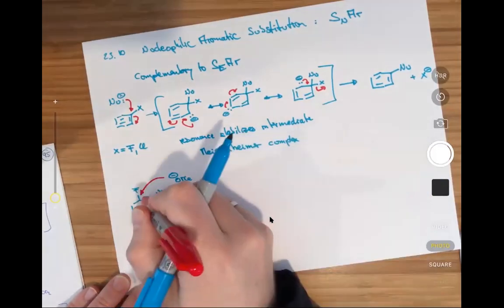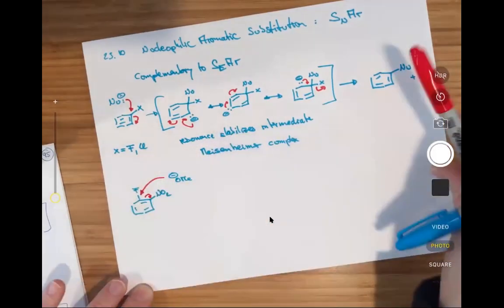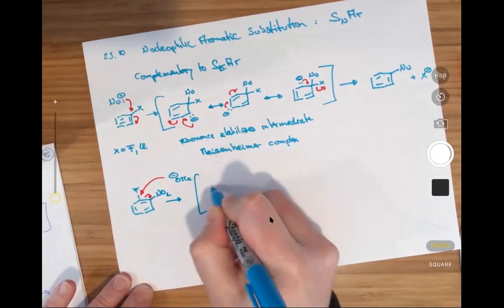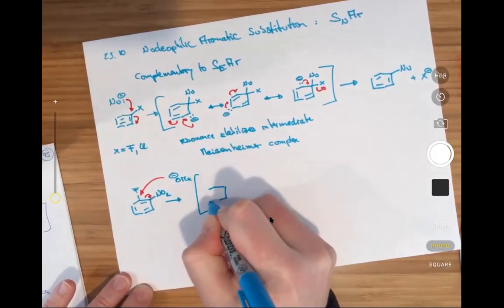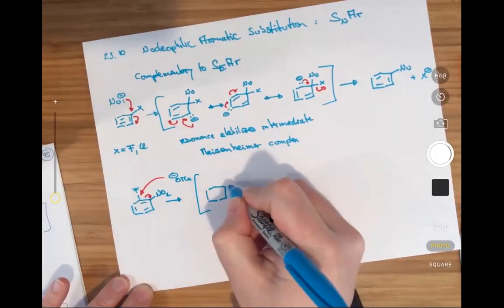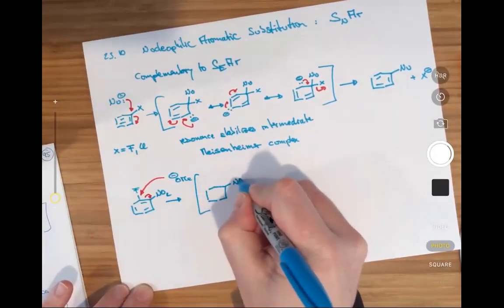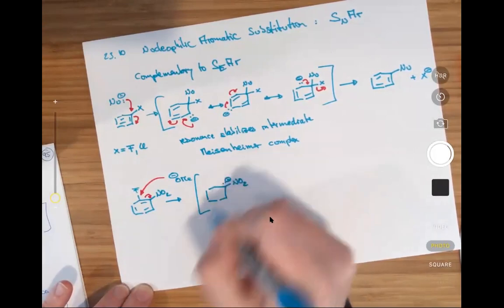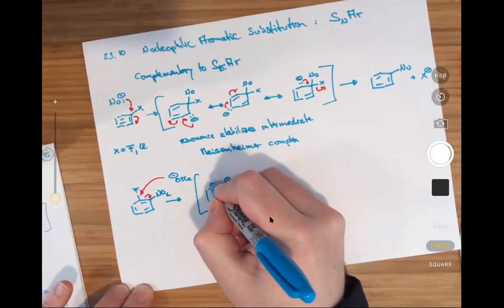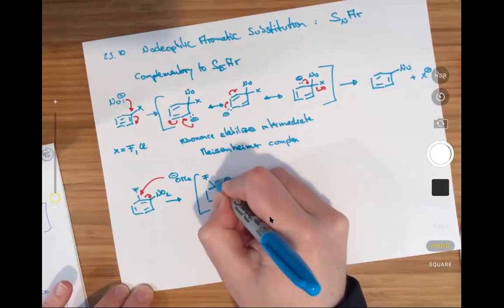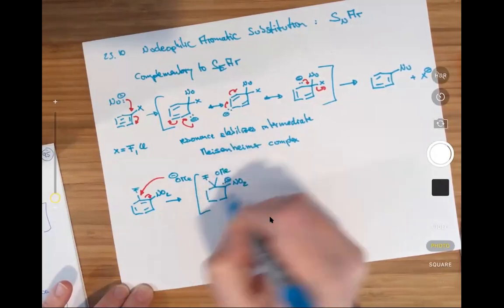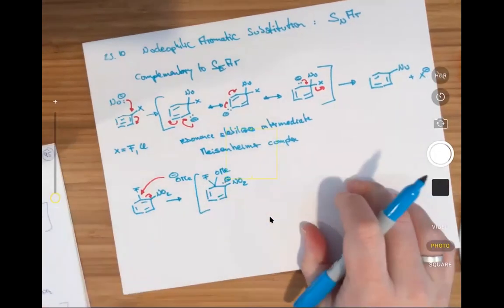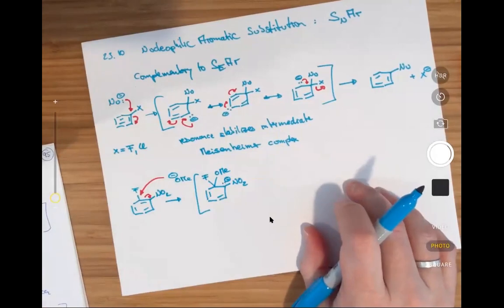If we attack here and we push the electrons out to this position, you immediately see when you draw the resonance structures that you have the negative charge stabilized now directly next to the electron withdrawing group. So let's draw it like this, negative here. And we have the fluoride here, and let's say OMe over there. And these are the two other bonds.